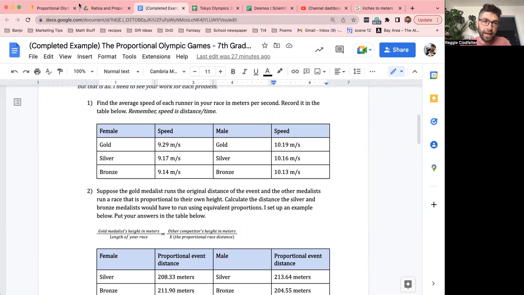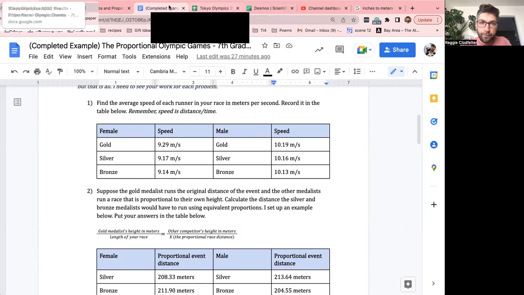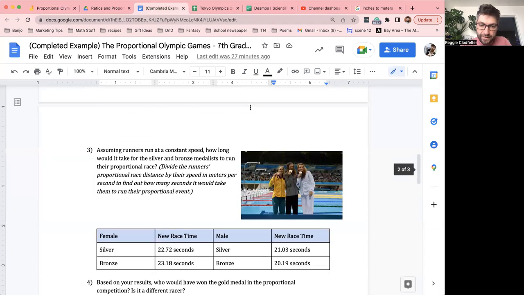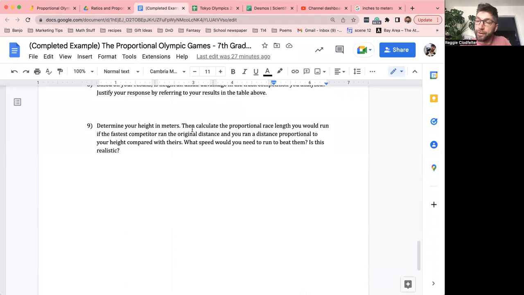So if you go to question 9, it says you determine your height in meters. We did that. Calculate the proportional race length you would run if the fastest competitor ran the original distance and you ran a distance proportional to your height compared with theirs.